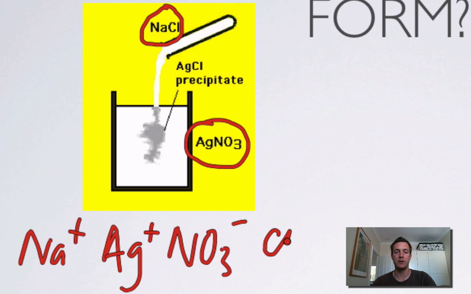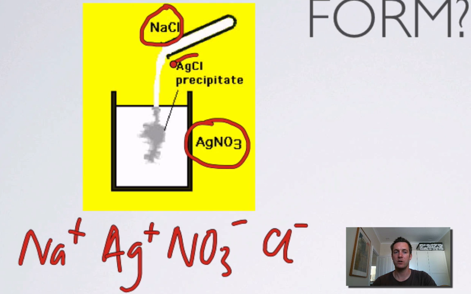we've got chloride ions. Now we know that sodium chloride is soluble. We know that silver nitrate is soluble. We also know that sodium nitrate is soluble. But silver chloride, which is in our solution, it wasn't before we mixed the two things. Silver chloride isn't soluble. Silver chloride is an insoluble substance.